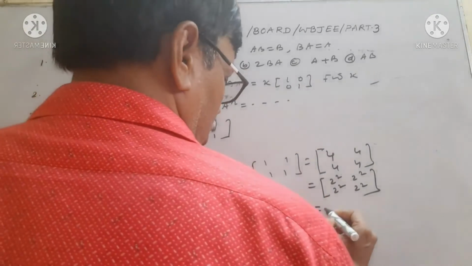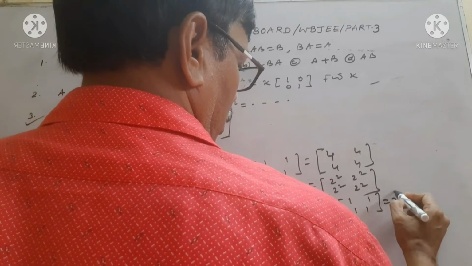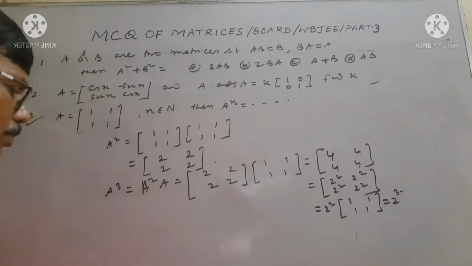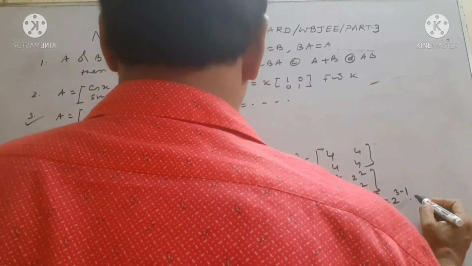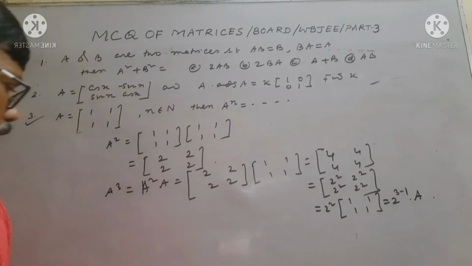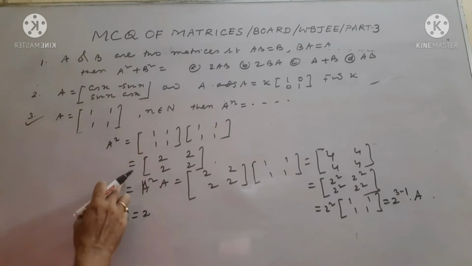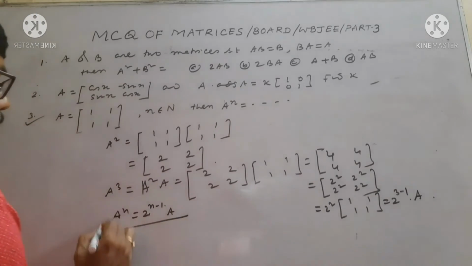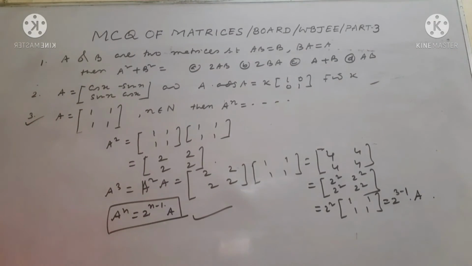So 2 square common, and 1 1 1 1 is A. So 2 to the power 3 minus 1 into A. So what is A to the power n? If it is 3, then 3 minus 1. This is 2 to the power n minus 1 into A. This is called the induction method. Operation of matrix using induction.